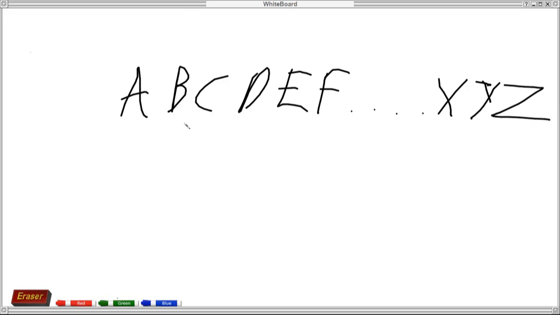Okay, so let's say you wanted to send a message to someone, but you don't want your enemy to find out what the message is.